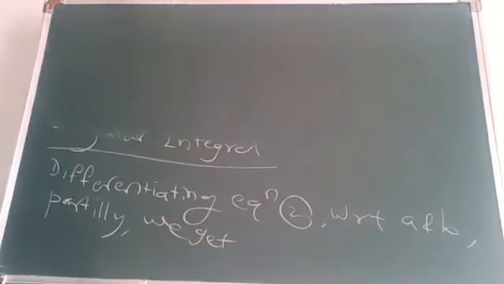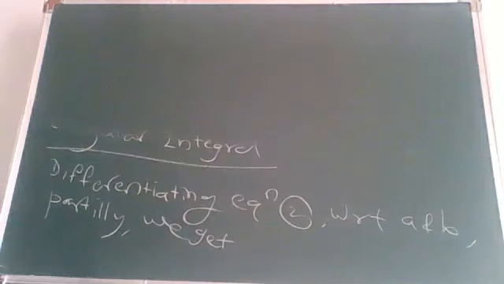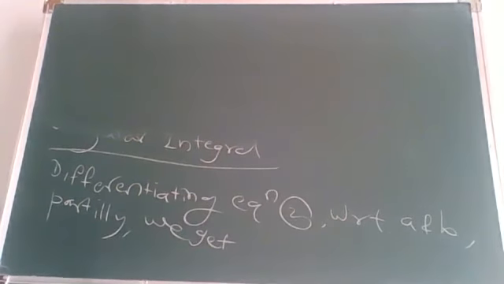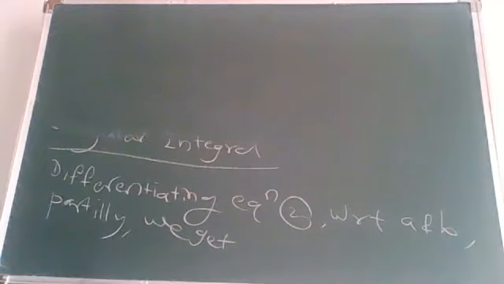Equation 2 is z is equal to ax plus by plus f of ab. Yes, z is equal to ax plus by plus f of ab, and take the derivative with respect to a and b.